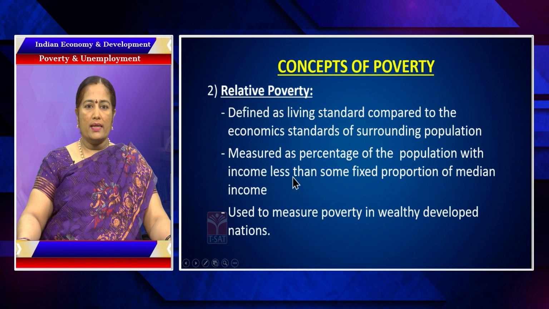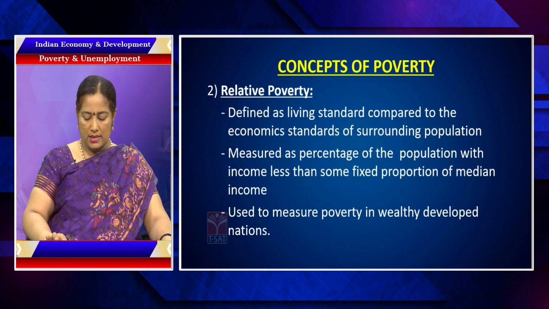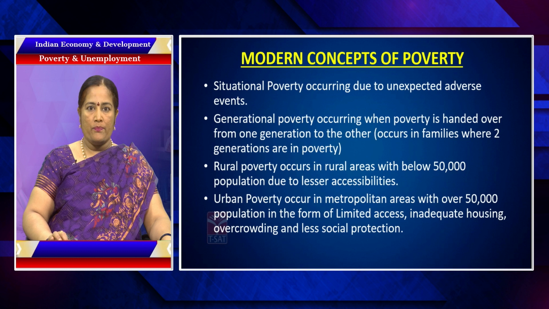The lower income category and the middle income category of people are said to be relatively poor. So this is how comparison is made possible through relative poverty, and it is used to measure poverty in wealthy developed nations. Relative poverty is more in developed countries, while absolute poverty is more in developing economies.